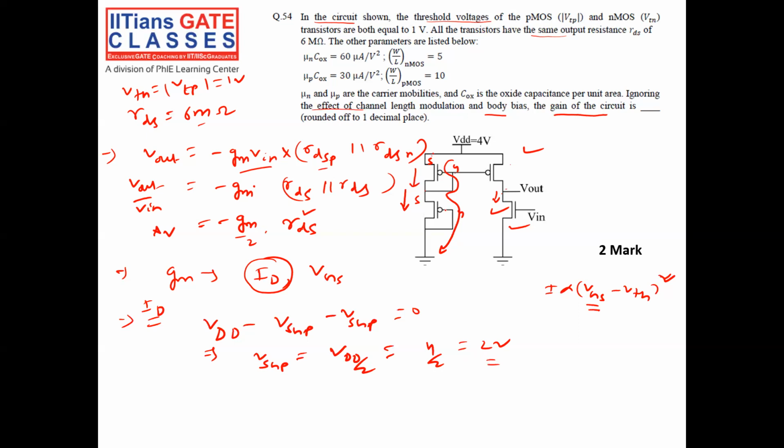If VSGP is 2 volt, what is the current I in the left branch? I is equal to half mu P Cox W by L of PMOS into VSG minus VTP mod whole square.